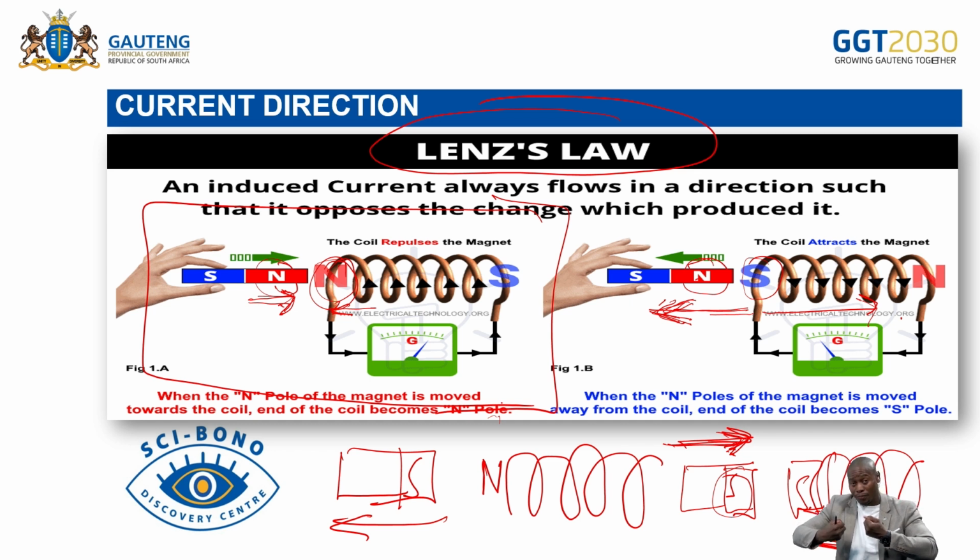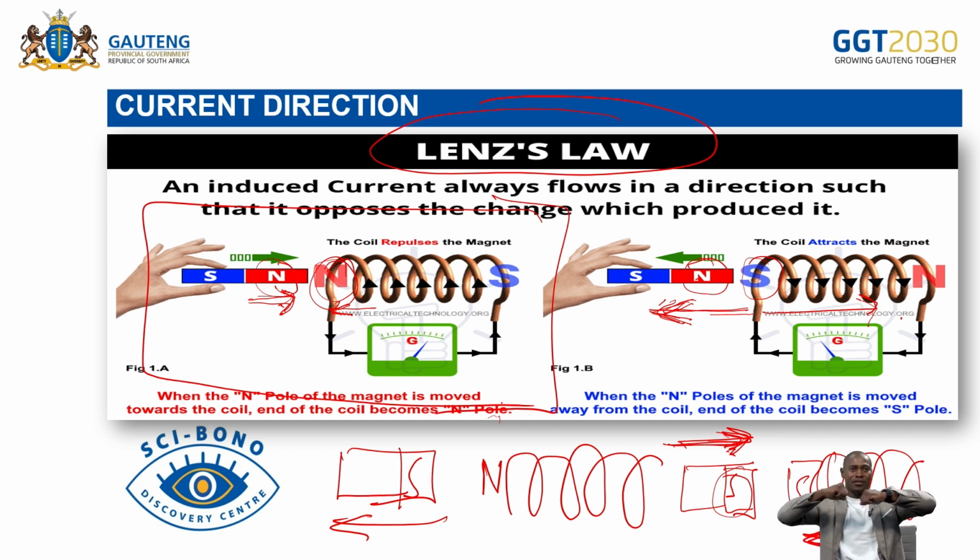Lenz's law will be accommodated, right? It means that if I'm pulling it with the north, what will be produced will be south. So I'm pulling the magnet, the induced EMF is trying to say come back, right? North, south. Same even when it comes to pushing. I'm pushing it with the south, right? The south pole is towards the coil, then the induced EMF is trying to say don't come in.